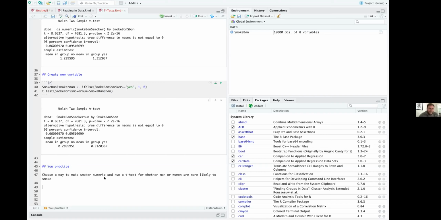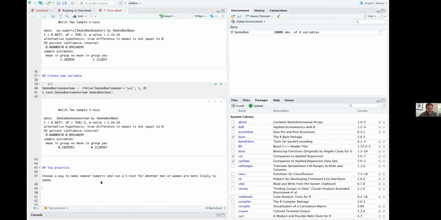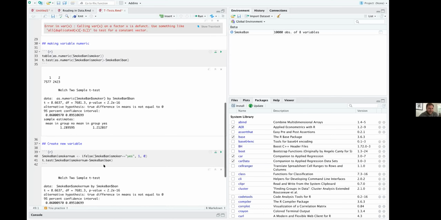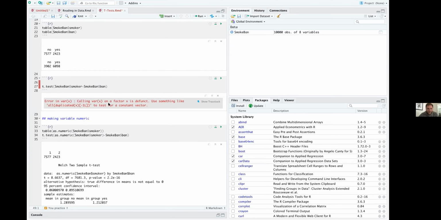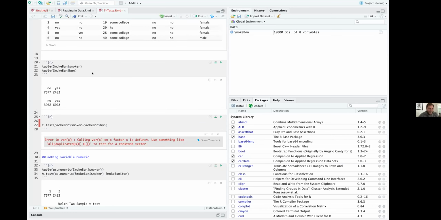Okay, so let's see. We want to see whether men or women are more likely to smoke. You started above with this table, and I'm feeling the urge to start there, though I don't know if that actually makes sense.